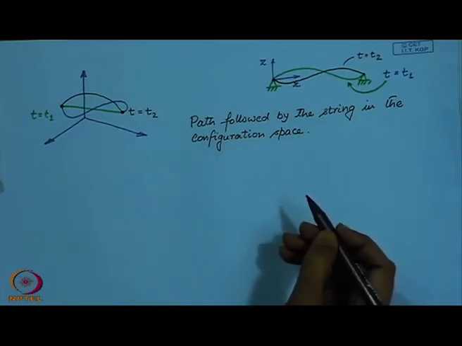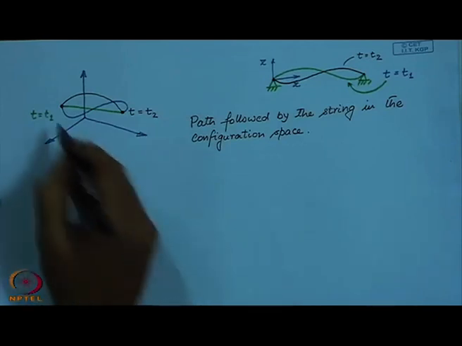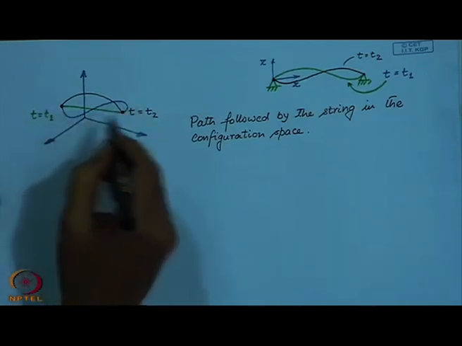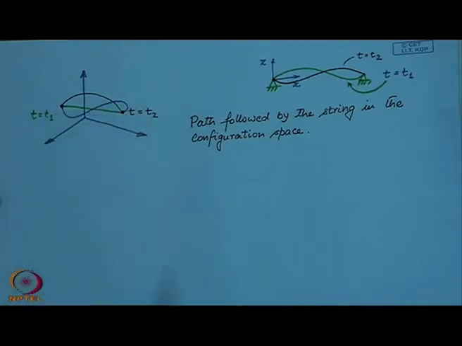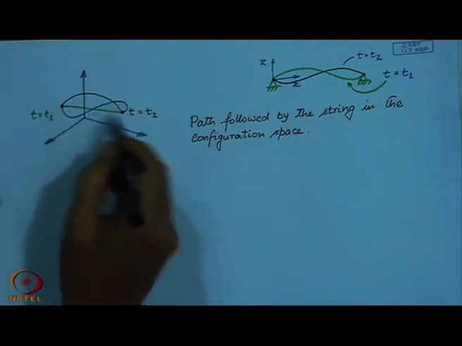So, is there a way of knowing, because I have not seen how it has evolved from this state to this state, is there a way of knowing which path it followed?